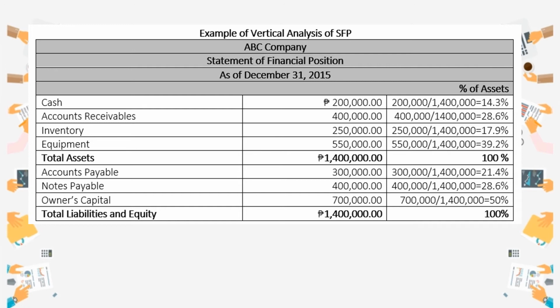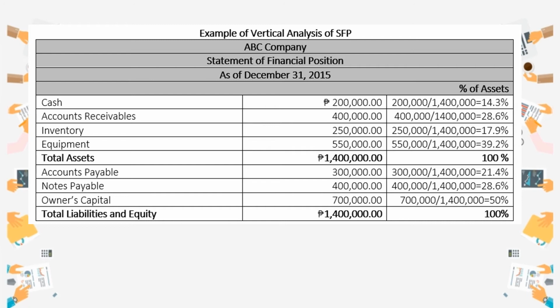For the equipment, we have 550,000 divided by 1,400,000, which is 39.2%. The total assets should be equivalent to 100%. So when we add the items from cash to equipment, we have 14.3% plus 28.6% plus 17.9% plus 39.2%. We have a total of 100%.